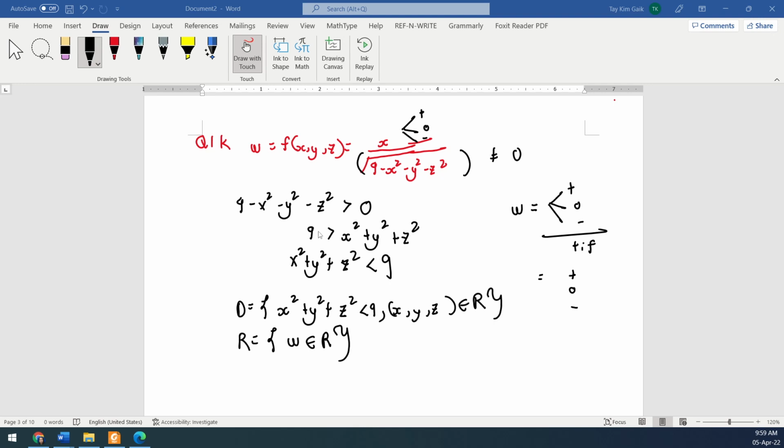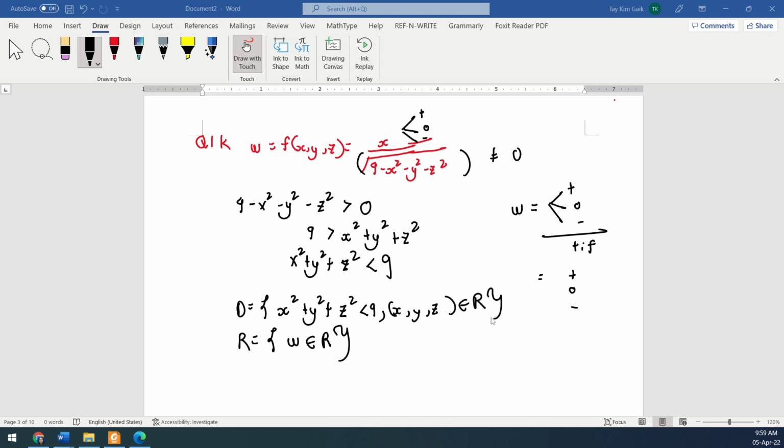So from here you manipulate: negative x squared, negative y squared, negative z squared, bring to right hand side. So you get 9 greater than x squared plus y squared plus z squared. Hence, x squared plus y squared plus z squared less than 9. That's why your domain will be x squared plus y squared plus z squared less than 9, where x, y, z are members of real number.